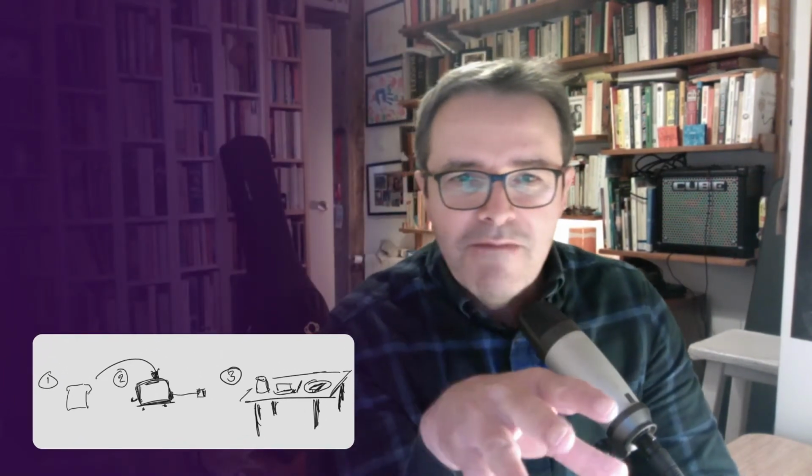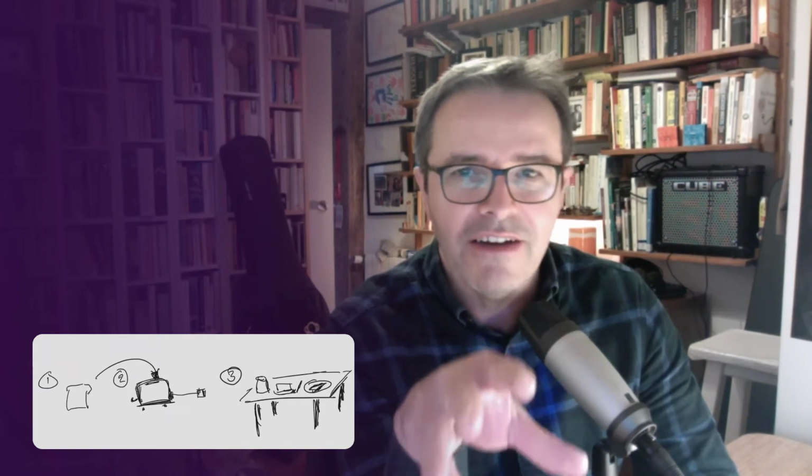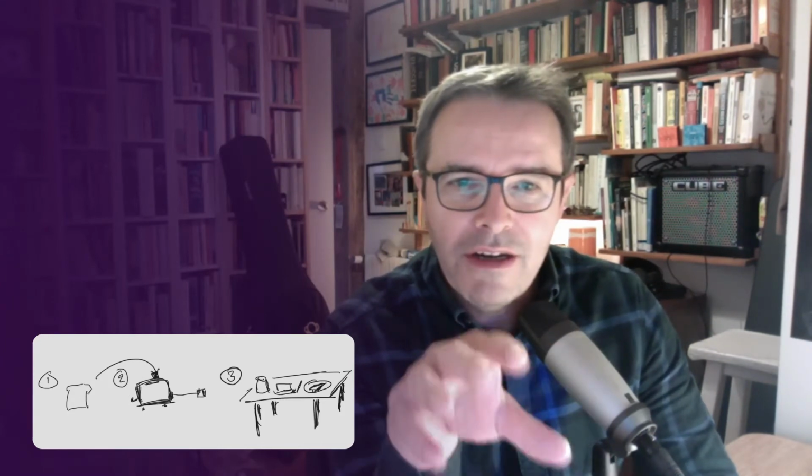Now, in most of the toasts that I have seen recreated in this activity over 5 years of this activity in classrooms, most people have one toast in their brains. They have one method of making toast.